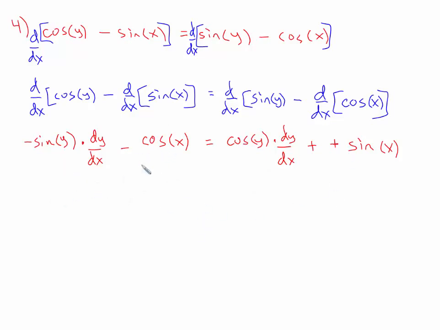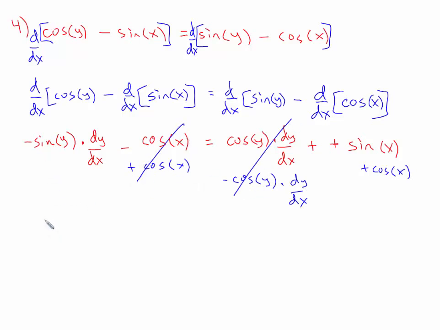So I'm adding cosine of x on both sides, and over here I'm subtracting negative cosine of y times dy/dx. I'm doing this to both sides, so this cancels and this cancels.